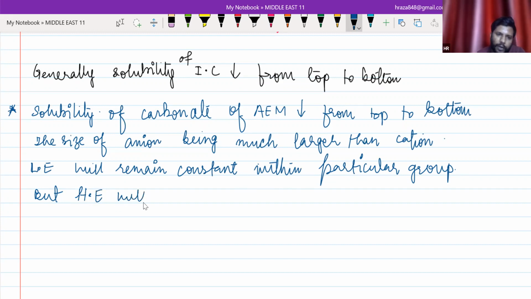If the sizes of anions are almost the same, lattice enthalpy will remain almost constant, and hydration enthalpy will decrease as the size of the cation increases down the group.